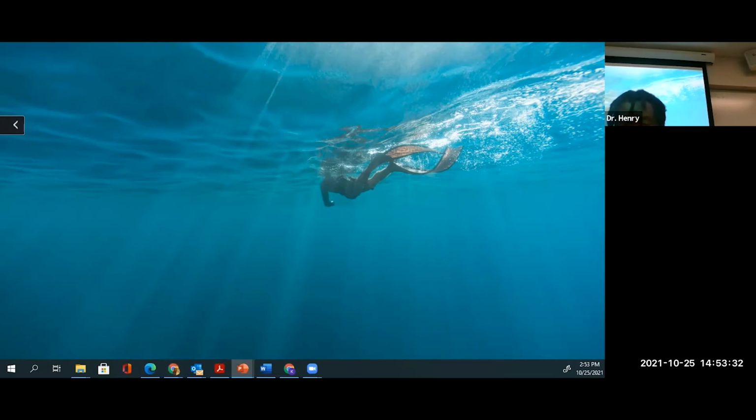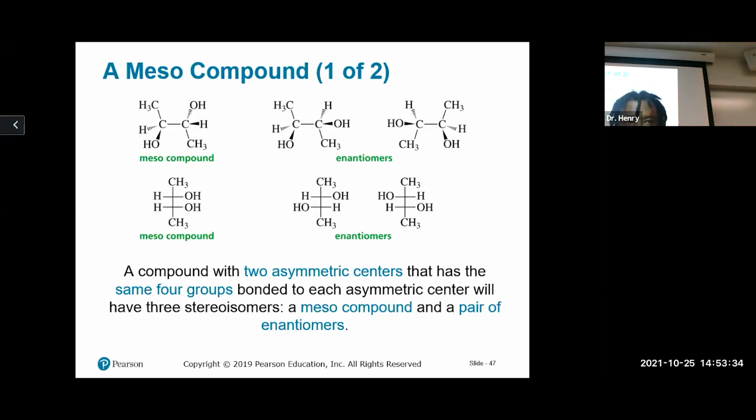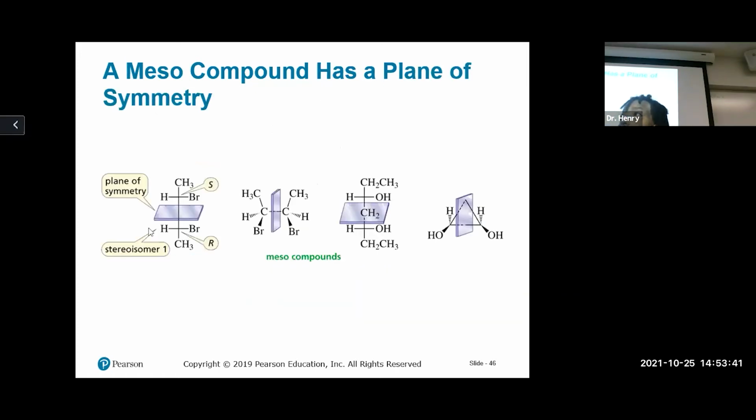Okay, so where did we leave off? We were talking about the Meso compound. Basically, they're going to be mirror images of each other in the case of Meso.